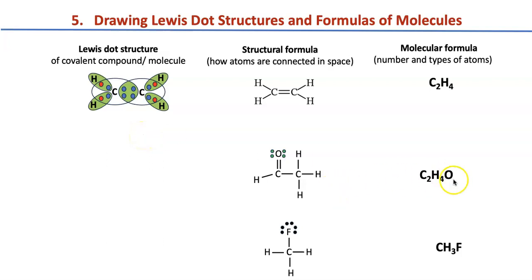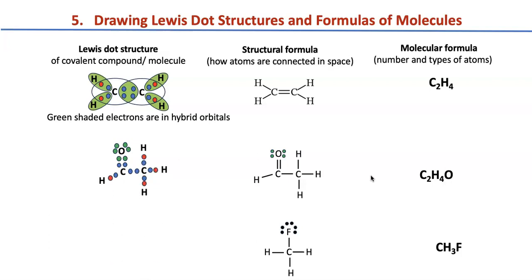Let's do the next one, this one. So you have 1 carbon and 2 carbons, and then here's oxygen. Here are the hydrogens, and here are the 8 electrons of carbon, 8 electrons of the other carbon, and the 8 of oxygen, and the hydrogen electrons.